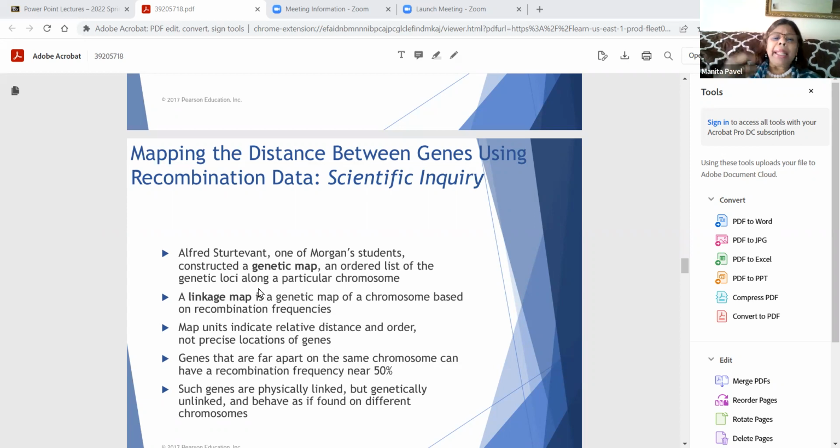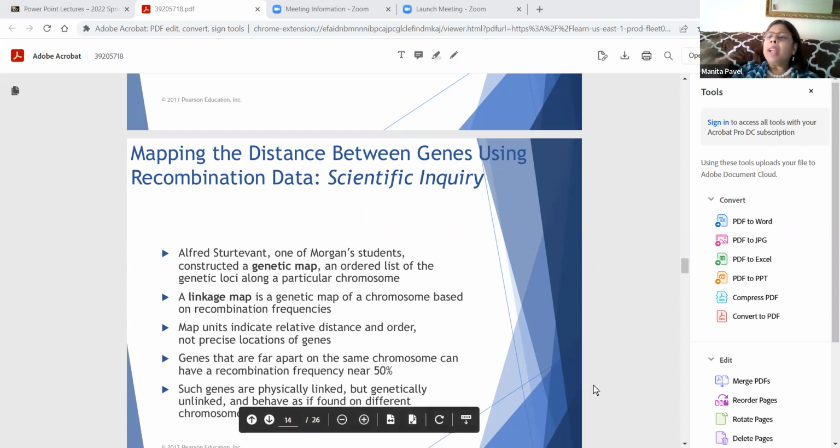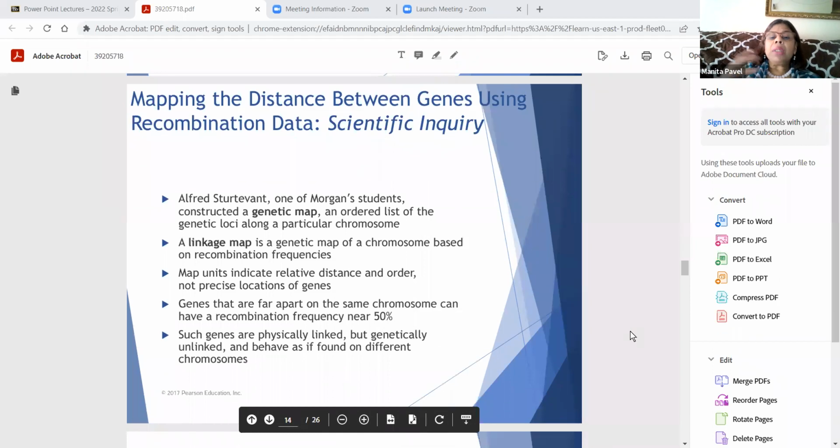So a linkage map is a genetic map of a chromosome that is based on recombination frequencies. And map units indicate the relative distance and the order, but they cannot indicate the precise locations of the genes. They're only indicating the relative distance and the order in which the genes are present on the chromosome.